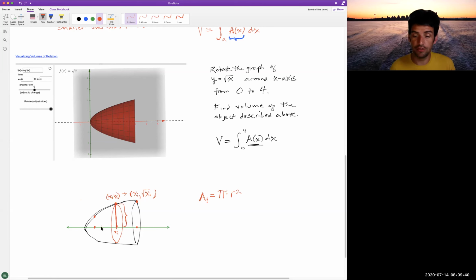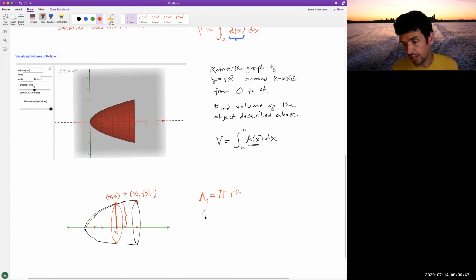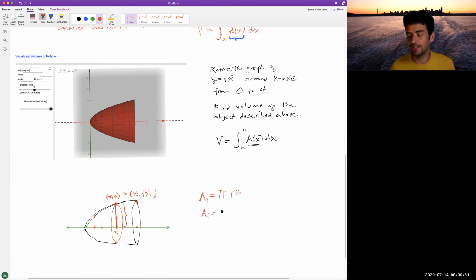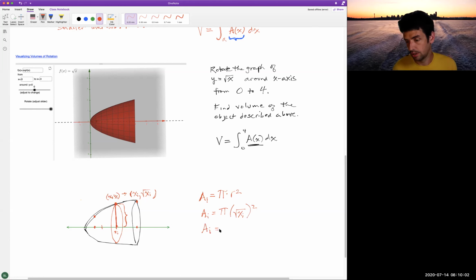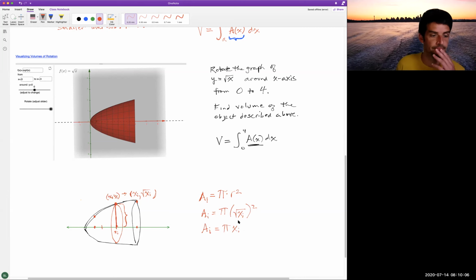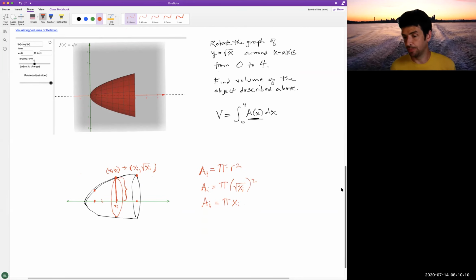So at each point along here, the height, how high up the function is, is the square root of the value of x that we've chosen, and that height is the radius. So the area of the ith circle is pi times the square root of x sub i squared, or pi times x sub i. That turns out to be pretty simple.